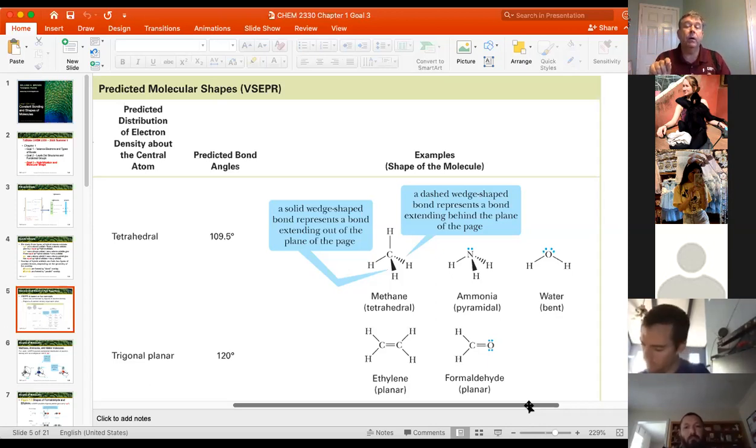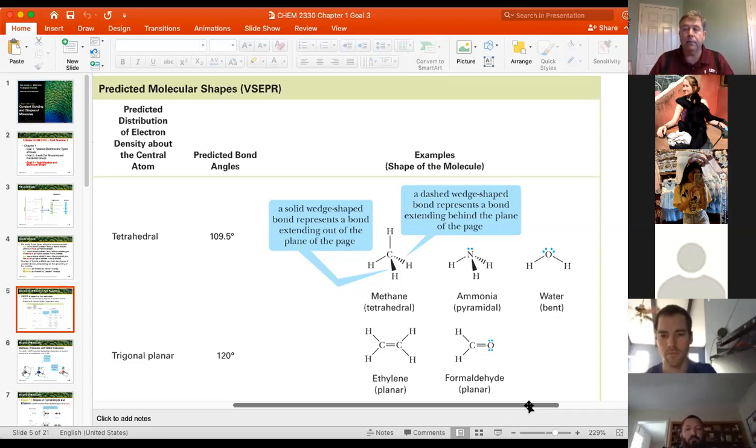And if we look at water, that oxygen is sp3 hybridized, but it only has 2 bonds and 2 lone pairs. So electronically, it's still tetrahedral, but if we look at just the atoms, it is now bent, okay? The electrons are sp3 hybridized, and the bonds show the molecular shape.